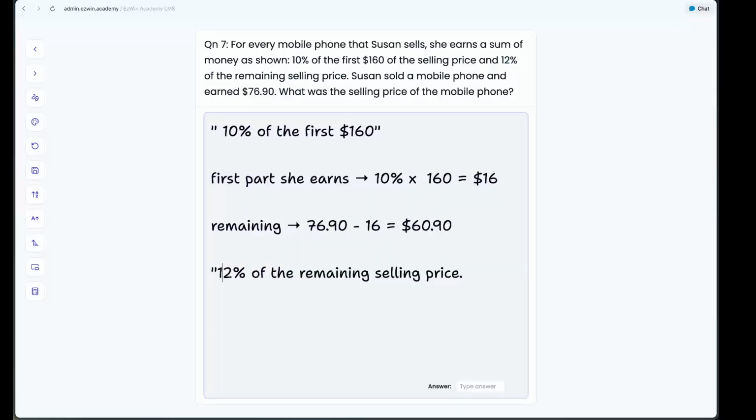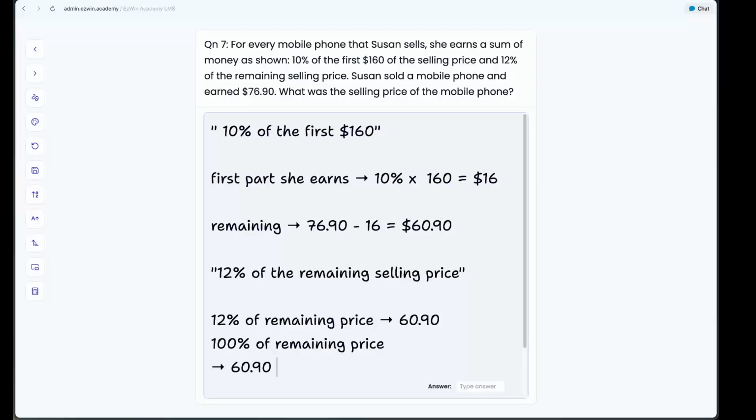Since this says here 12% of the remaining selling price, that means 12% is equal to $60.90.